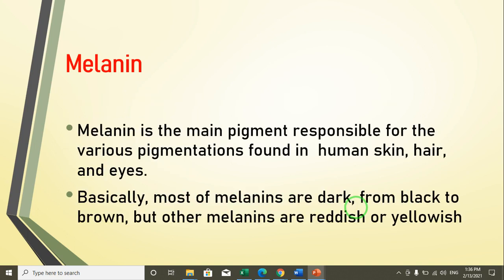So it is the main pigment in the human skin, hair, and eye, and the main pigmentary molecule. Basically, the majority has a dark color, either black to brown, but other melanins may be present, which give a reddish or yellowish pigmentation.